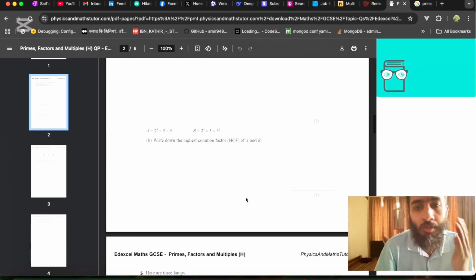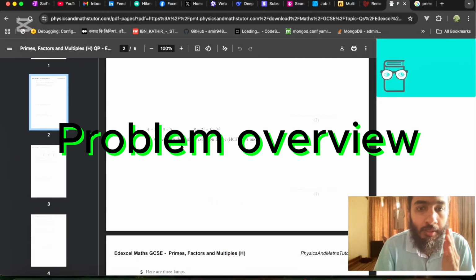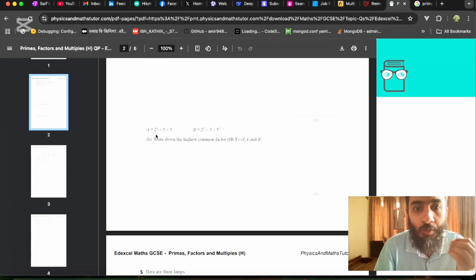Now I have to figure out the highest common factor in the second part. So we have to figure out the HCF, or highest common factor, of A and B. A is 2 cube multiplied by 3 multiplied by 5, and B is 2 square multiplied by 3 multiplied by 5 square.